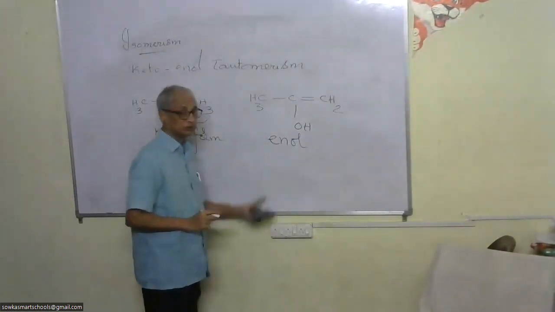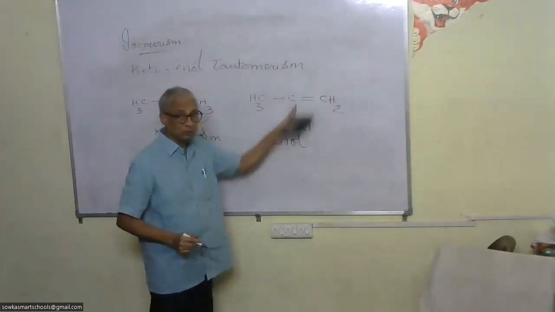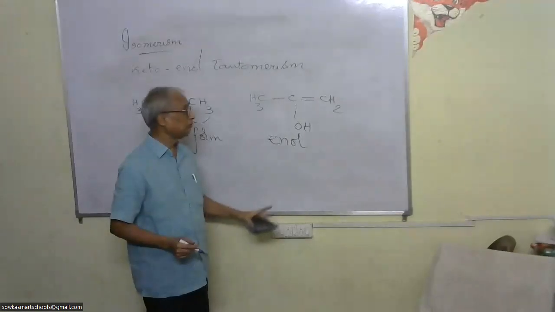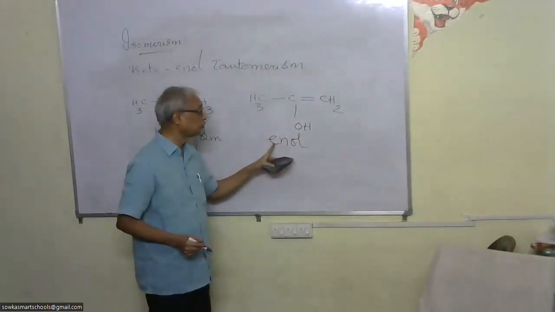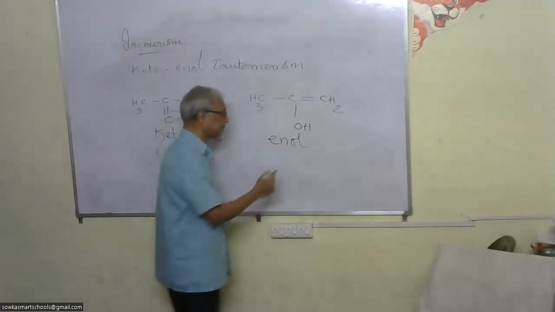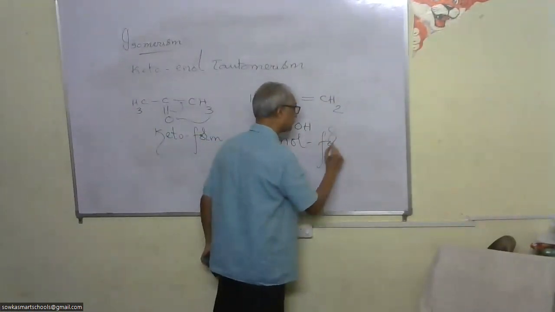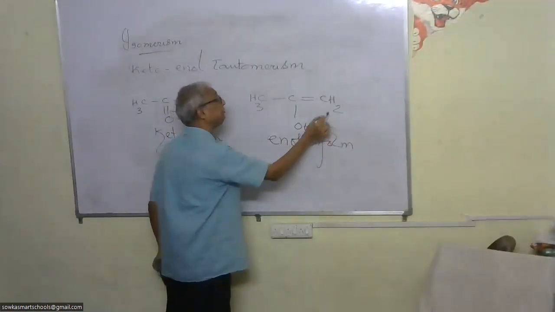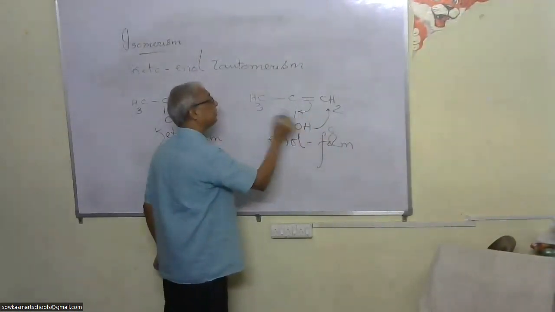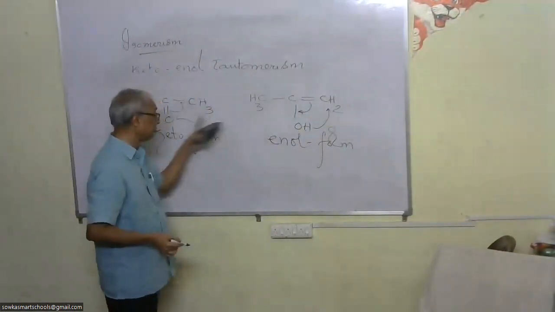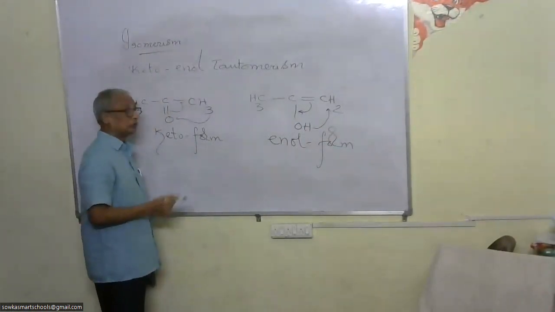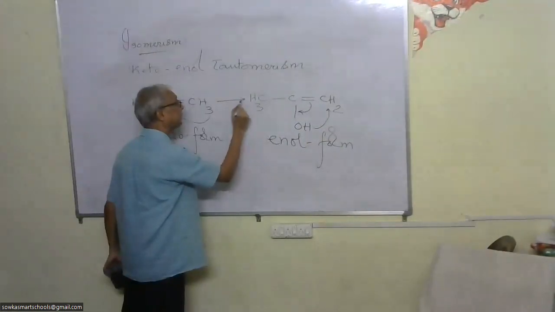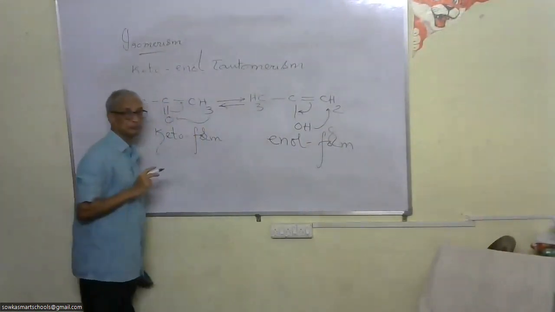As you all know, en refers to double bond, ol refers to alcohol. Because there is double bond and alcohol group, we call this enol. And again, if this hydrogen shifts here, and if these pi bonds simultaneously shift here, we get this. So these two forms, keto form and enol form, are interchangeable.